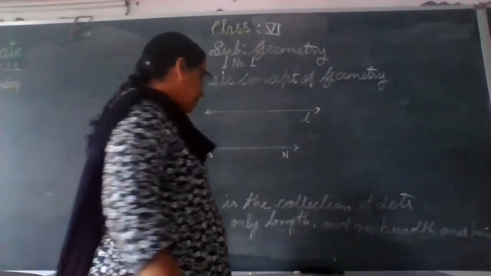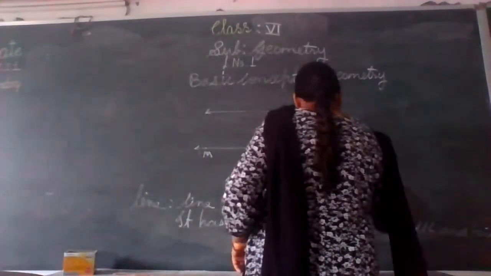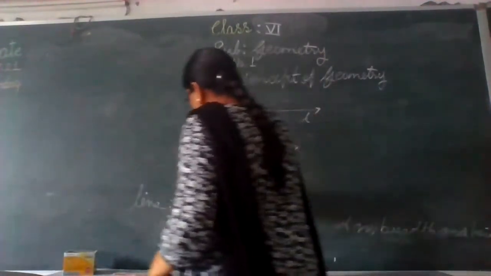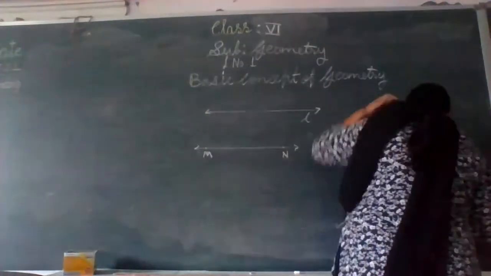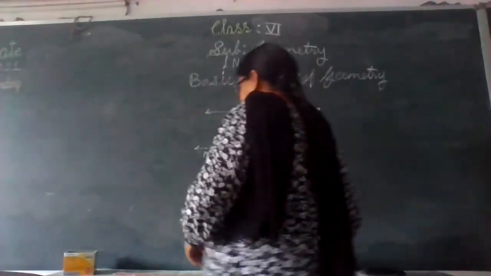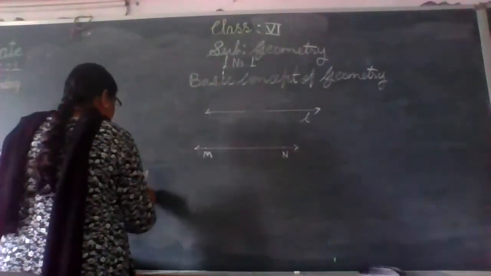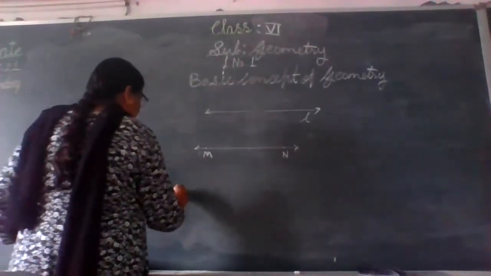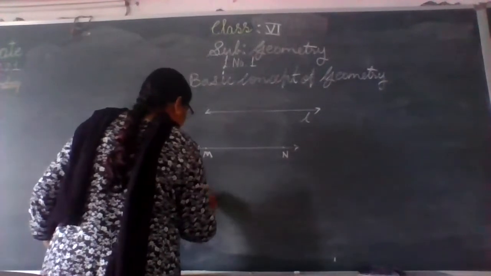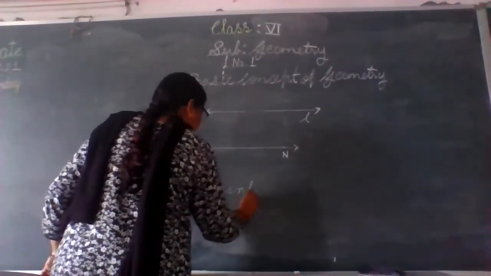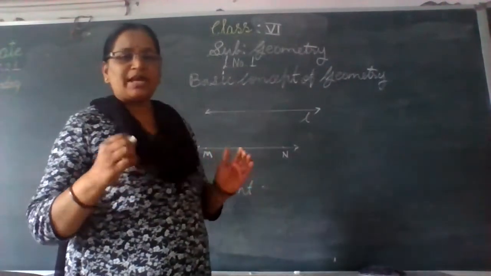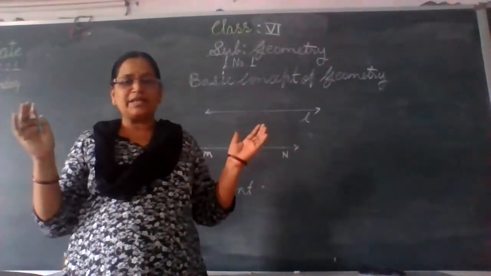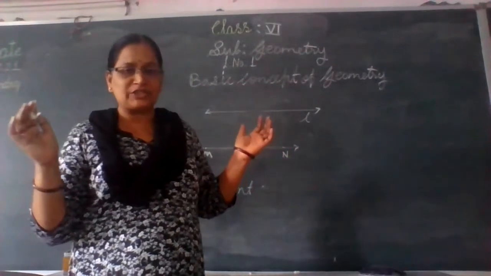Got it, beta? Now see line segments. Line segment is the part of a line. Now see, beta, as we know, line is extended infinitely in both the directions.